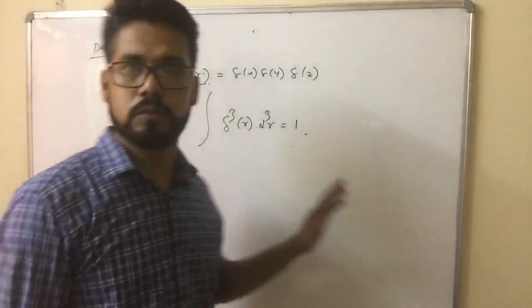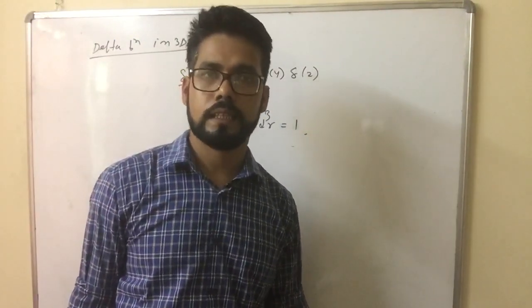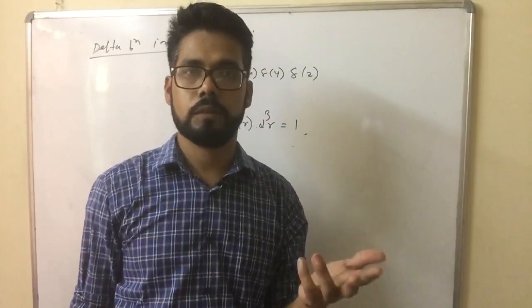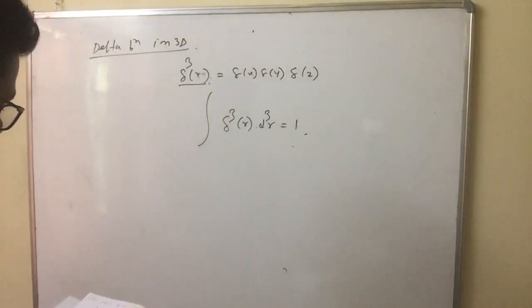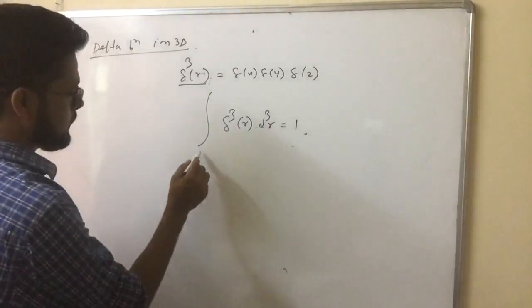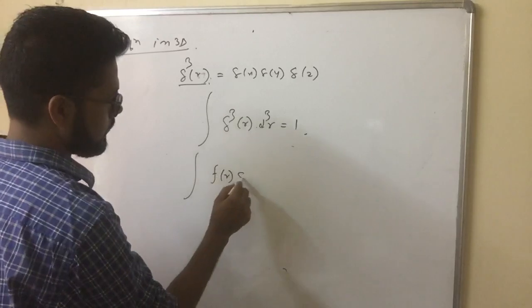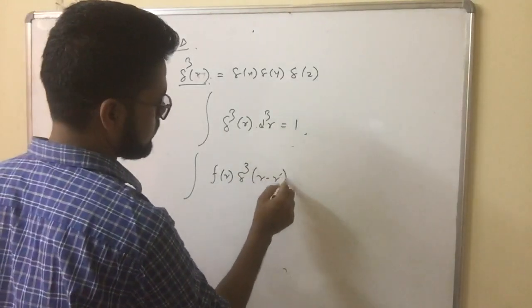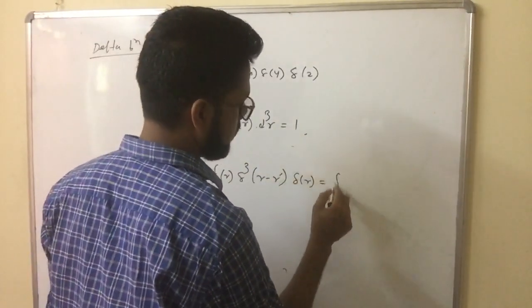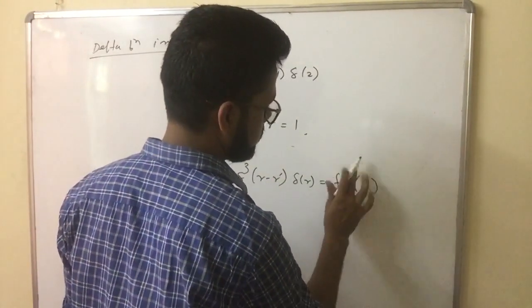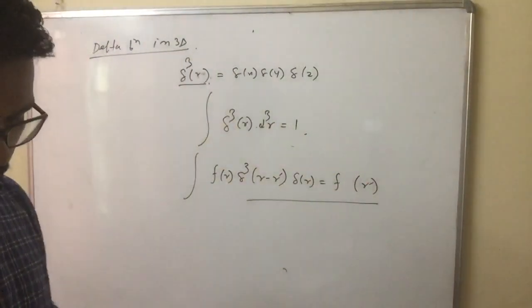Do not confuse: the area of the delta function is 1, but delta is not equal to 1 at x equal to 0. Also, the integral of f(r) delta cube(r minus r dash) d cube r equals f(r dash), a property similar to the one-dimensional case.